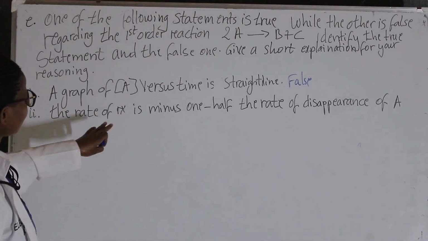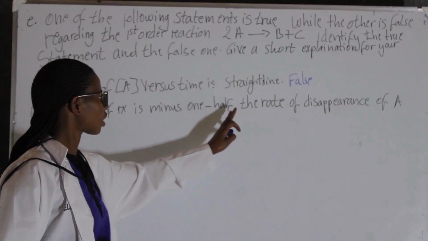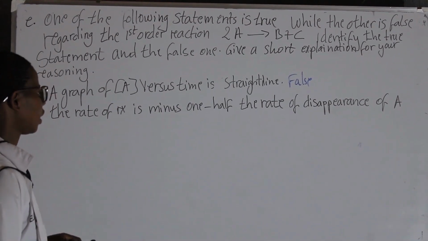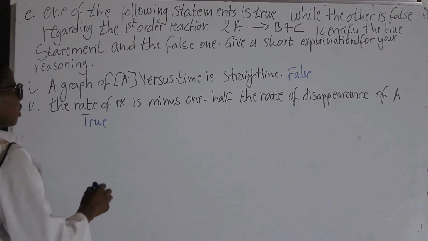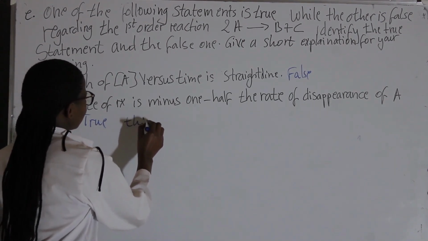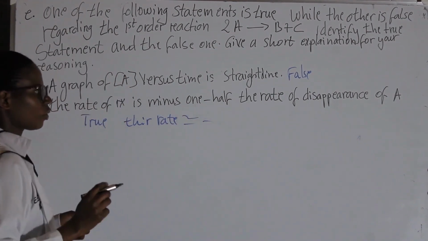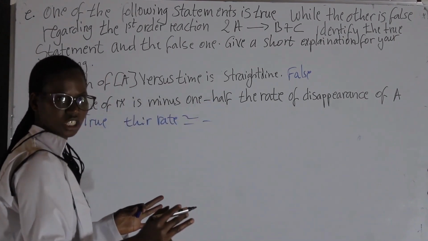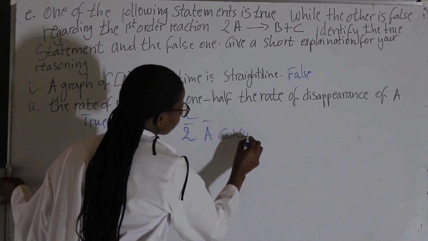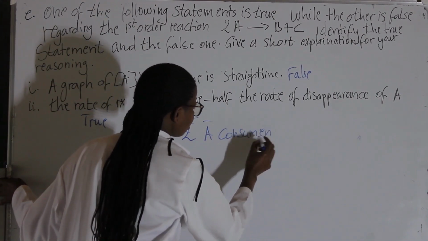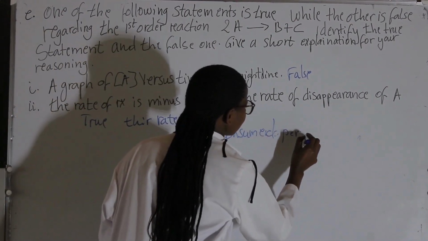For the second statement, the rate of reaction is minus 1/2 the rate of disappearance of A. This is true, because during this reaction, 2A are consumed per each reaction.